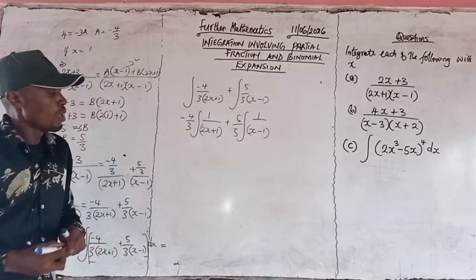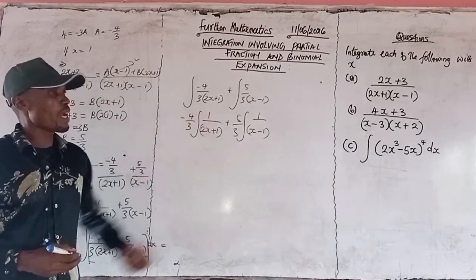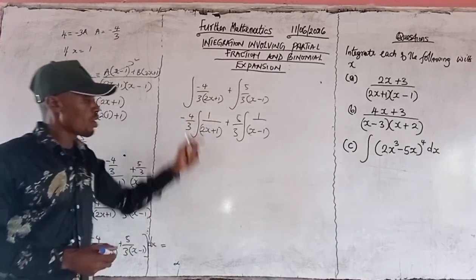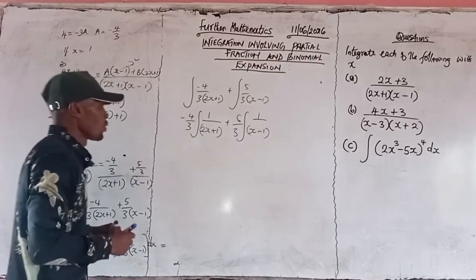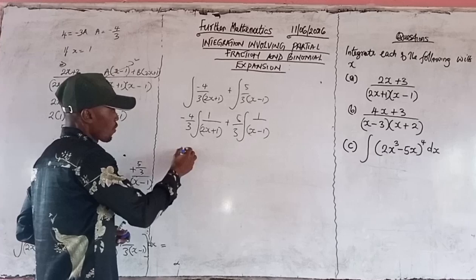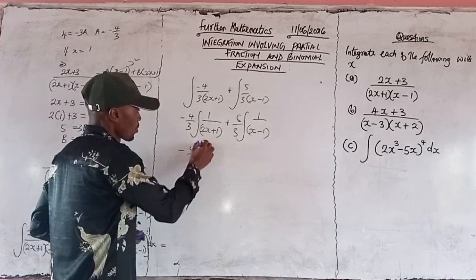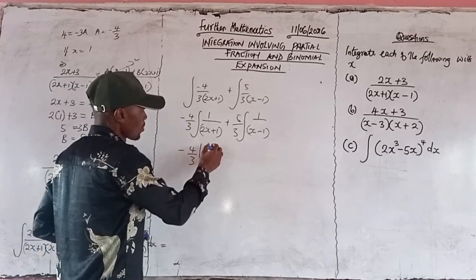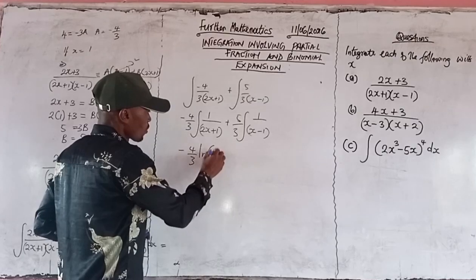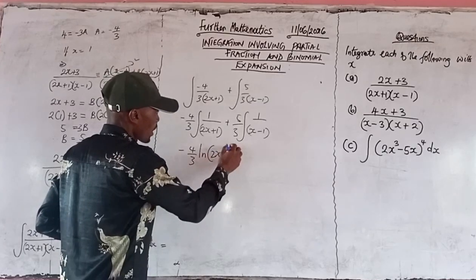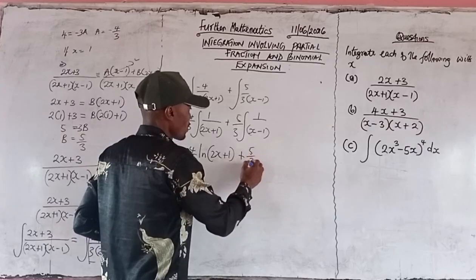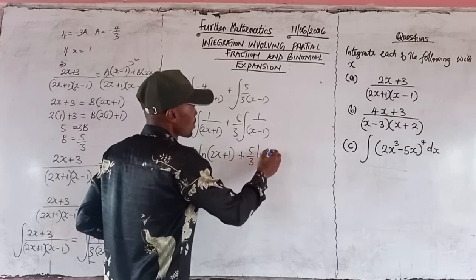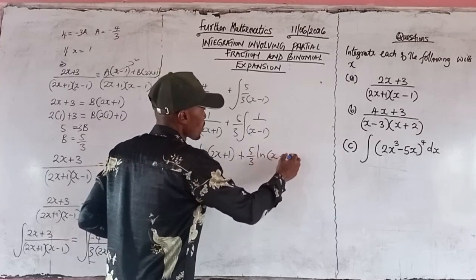So, of course, you know that the integration of a reciprocal function will give you a log. So we have minus 4 over 3 ln(2x plus 1) plus 5 over 3 ln(x minus 1).